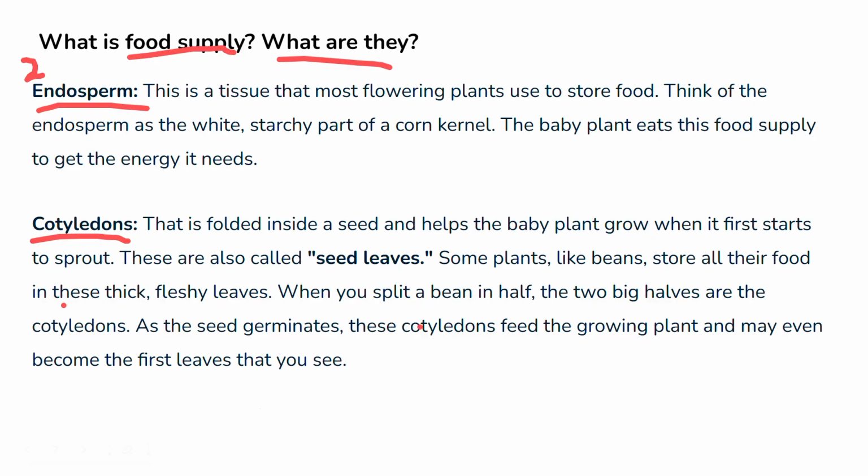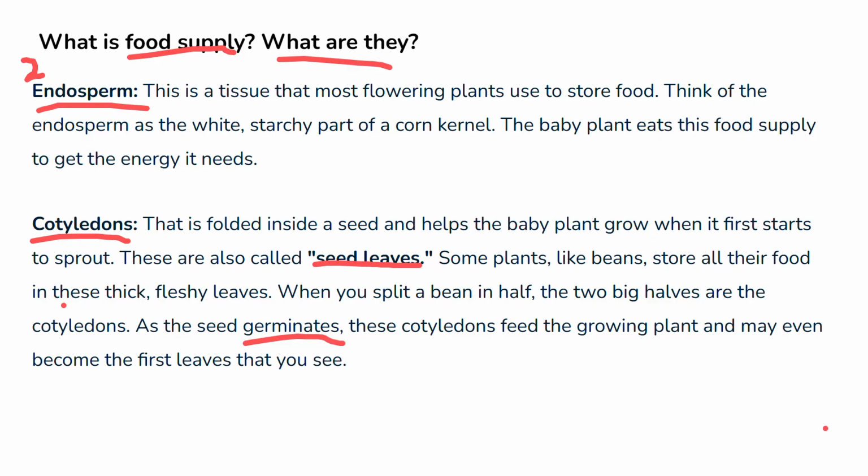These are also called the seed leaves. Some plants, like beans, store all their food in these thick, fleshy leaves. When you split a bean in half, the two big halves are the cotyledons. As the seed germinates, these cotyledons feed the growing plant and may even become the first leaves that you see.